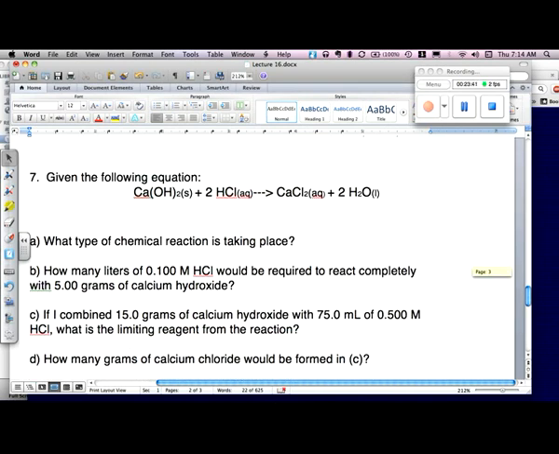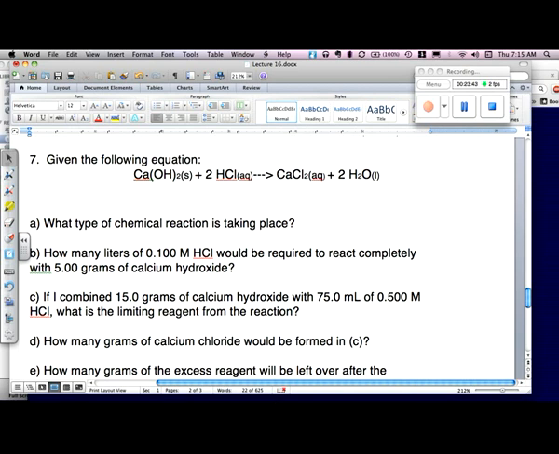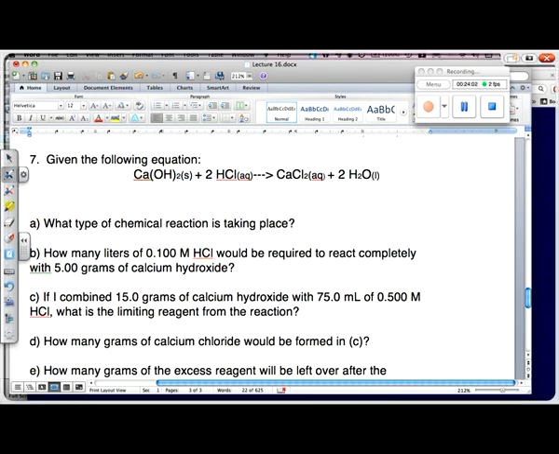Okay, 7 is a multi-part question, so let's look and see. I'm given a balanced chemical equation. What type of reaction is this? It looks like a double replacement to me. Acid-base double replacement, or double displacement, same thing.